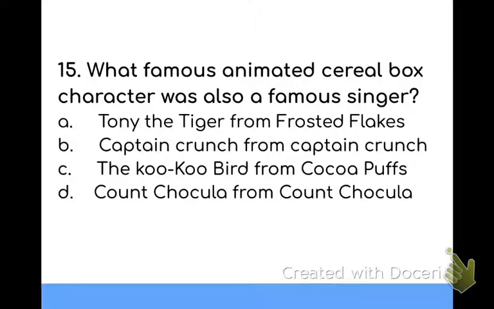So which one was also a famous singer? And 5, 4, 3, 2, and 1.